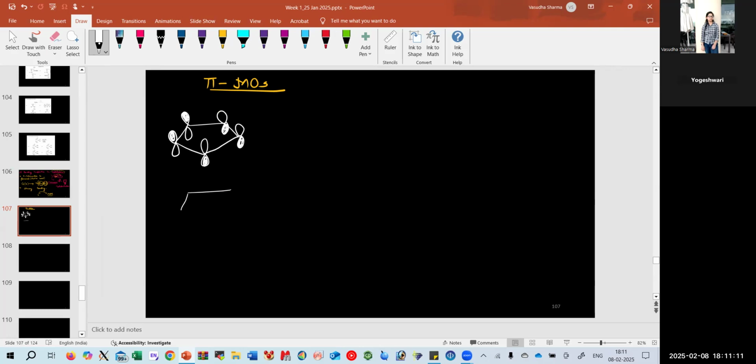And the other condition would be where 4 orbitals participate, not the 5th carbon.